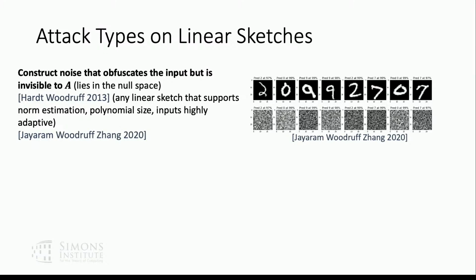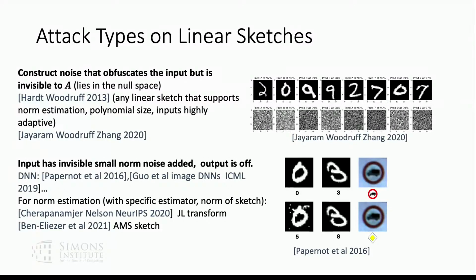You take these digits and add a huge amount of random noise, a huge norm, and the neural network can still recover the number. We can see the number, but the noise is invisible to the sketch.